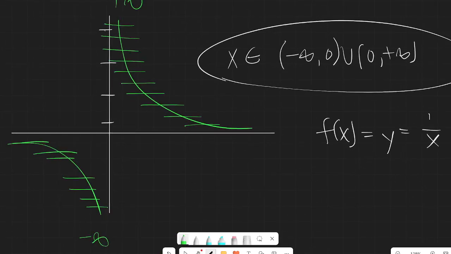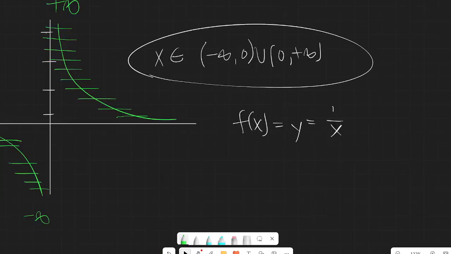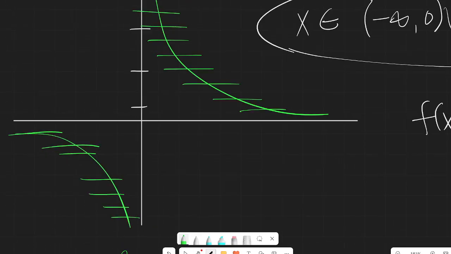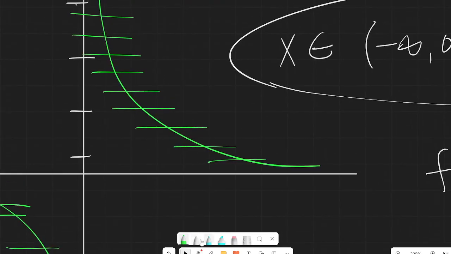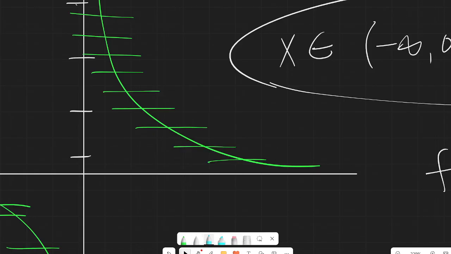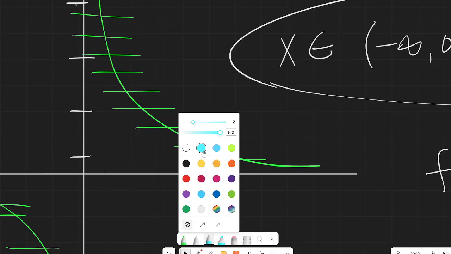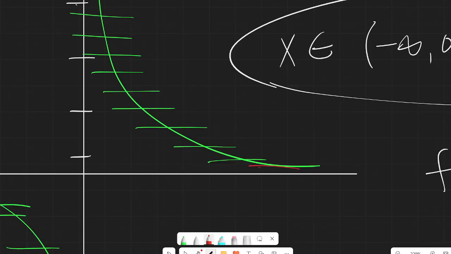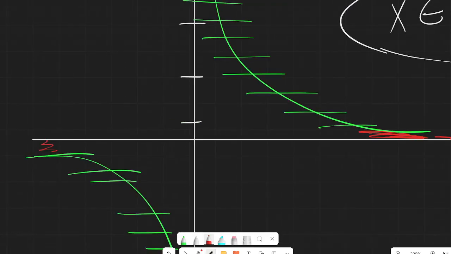But can it ever be zero? That's the thing. It looks like you might be able to, but it never gets there. It never reaches the value 0. You just get infinitely close to it.